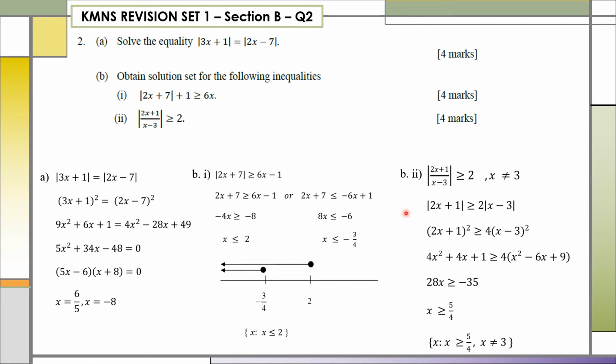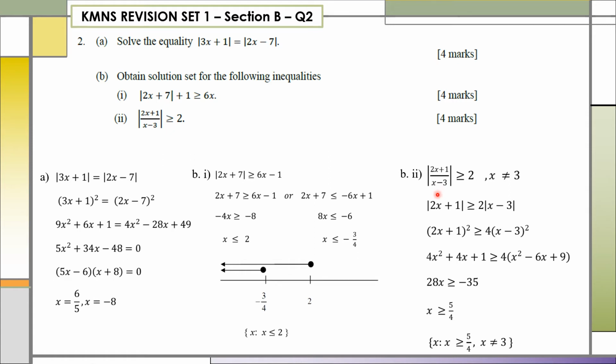Okay, the next one is an absolute values inequality as well. In this case, you can bring x minus 3 above. Why? Because it's in modulus form.